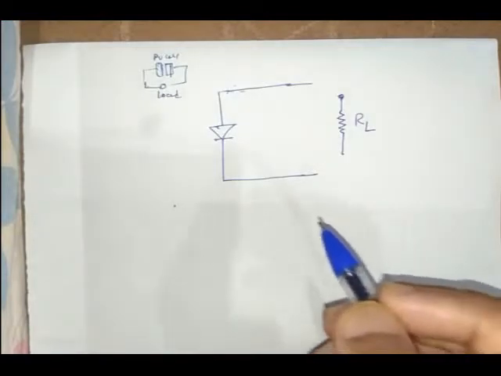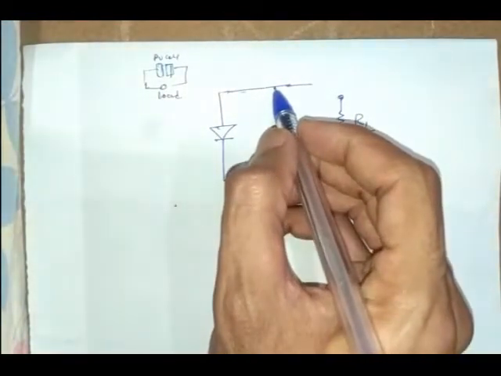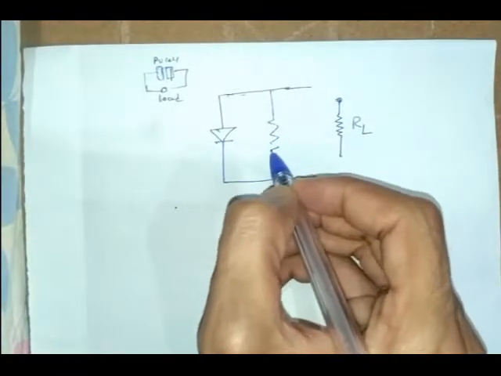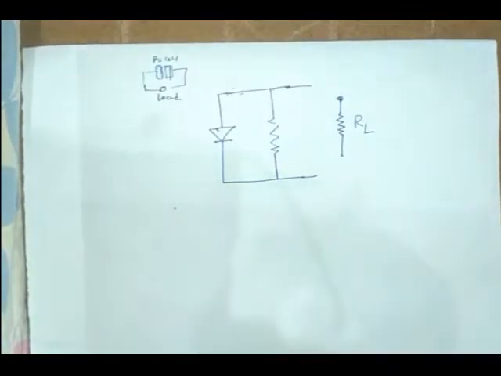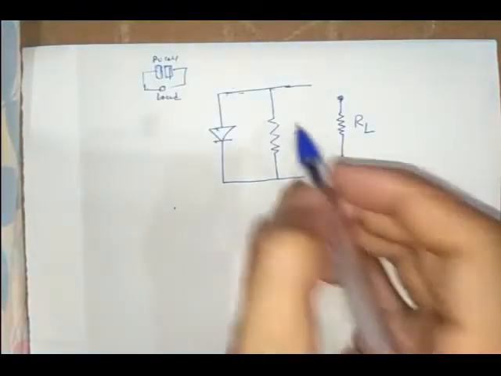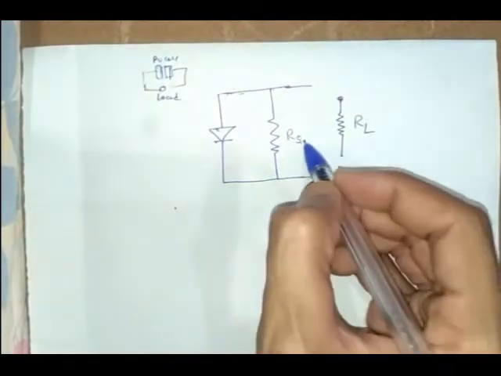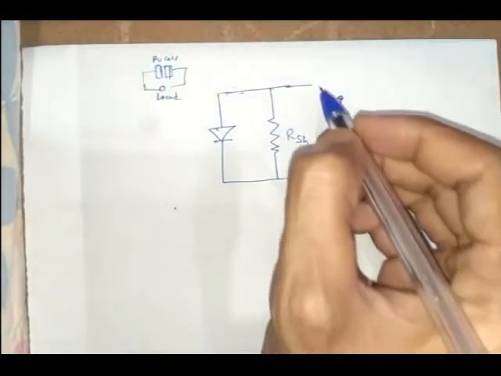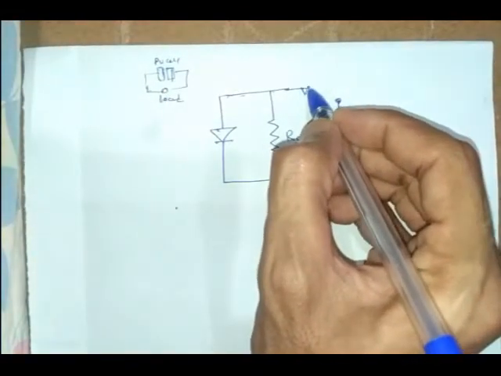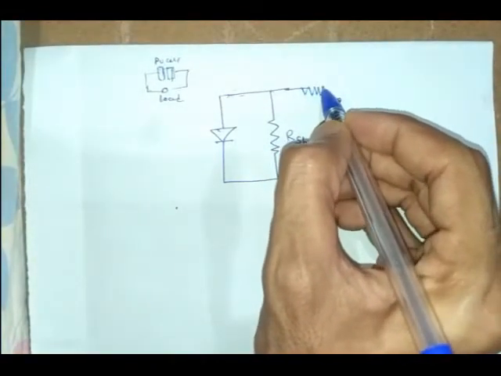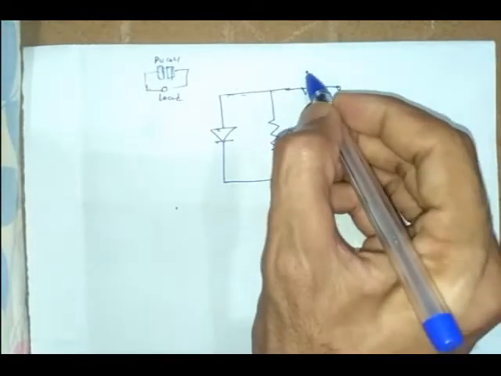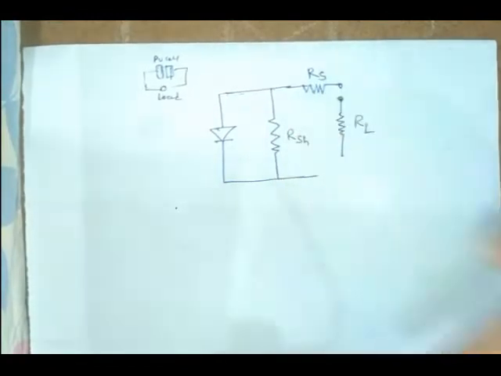One is shunt resistance, that is the resistance because of the cell itself, that is because of the PV cell, and this is RSH. And there is one more resistance, that is the circuit resistance, that is internal resistance, called RSH, sorry, that is RS.